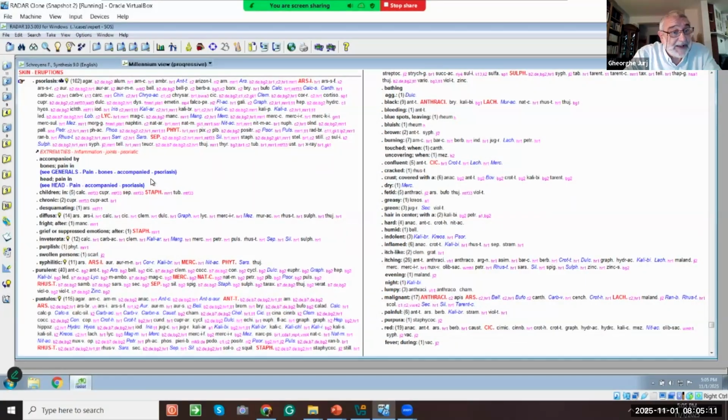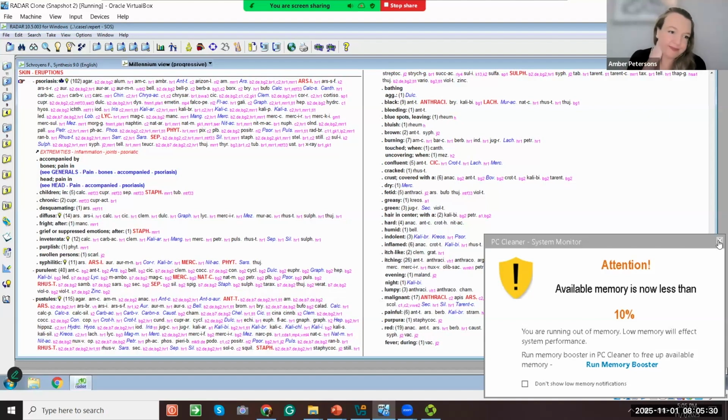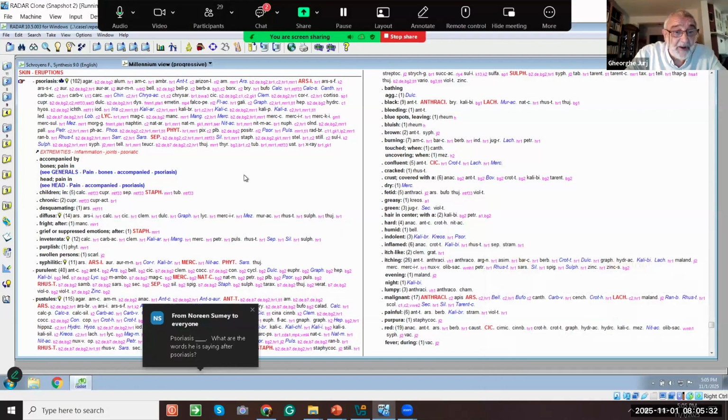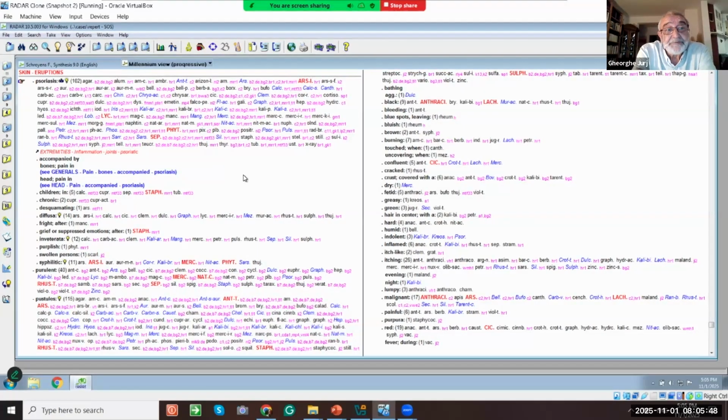What is, for example, missing here is a rubric for pustulosa psoriasis, which is the most serious form of it. Pustulosa means with pustules, with pus.